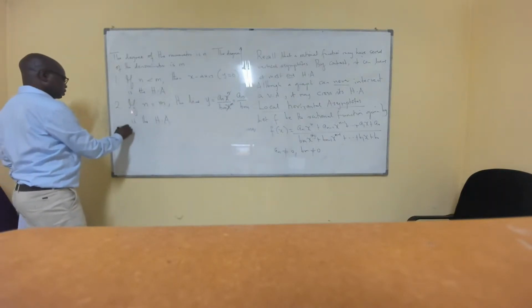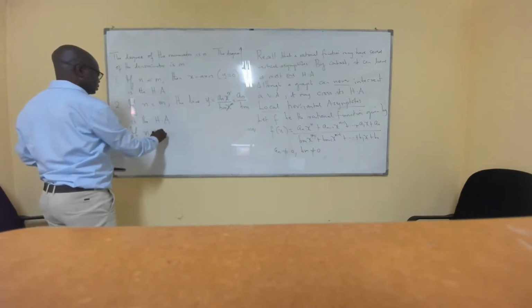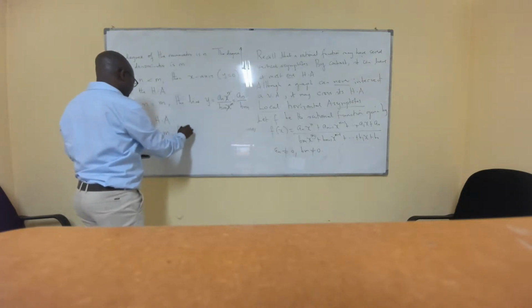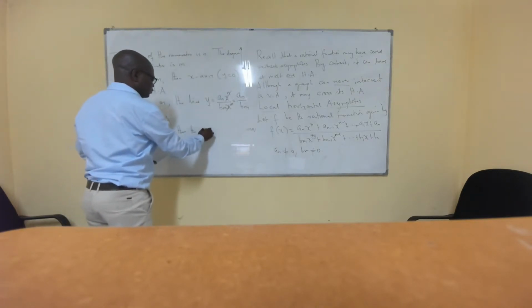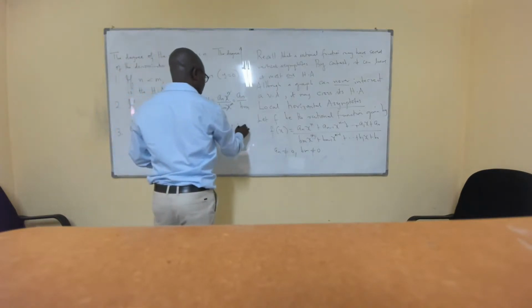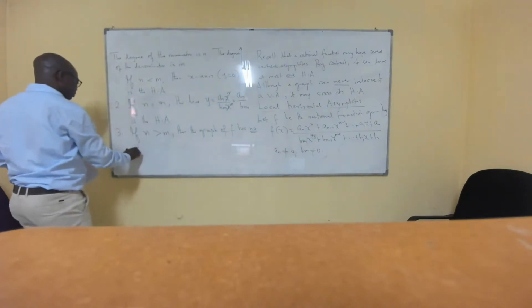Three, if n, the degree in the numerator, is bigger than the degree in the denominator, then the graph of f has no horizontal asymptote.